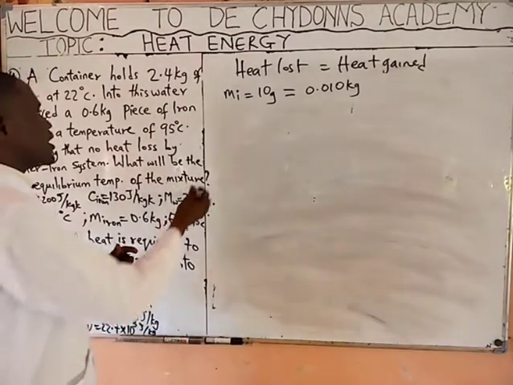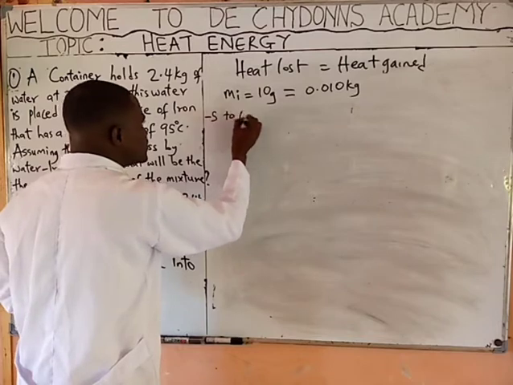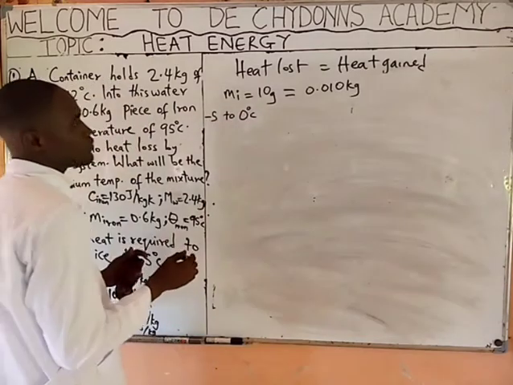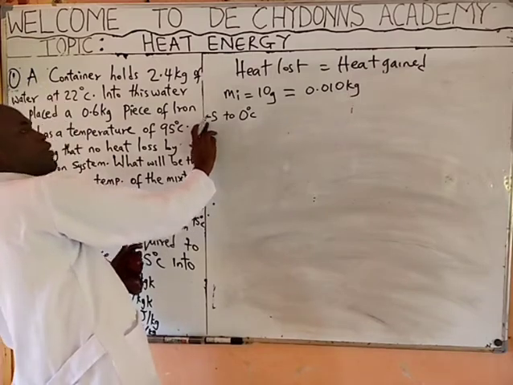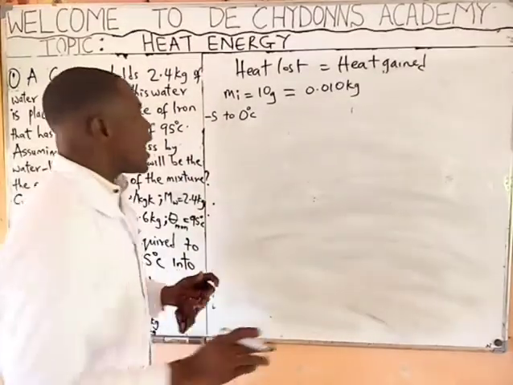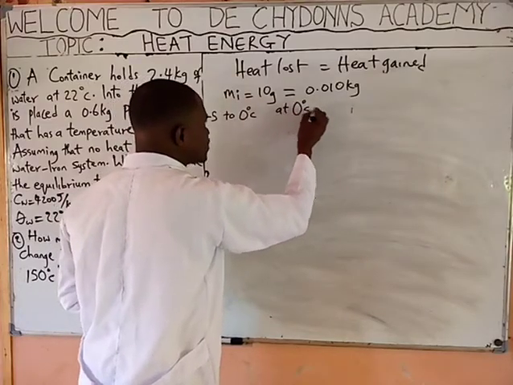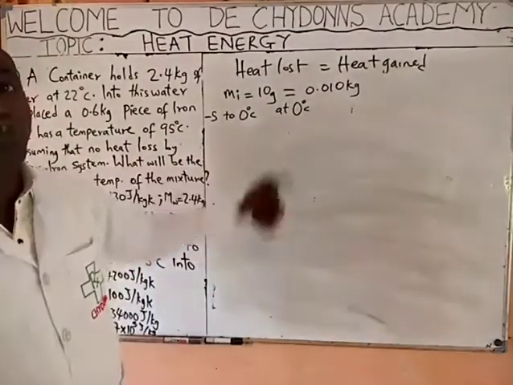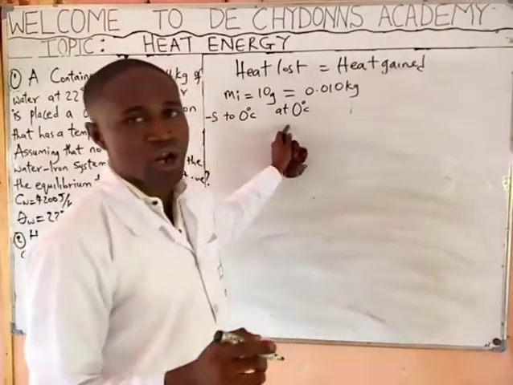What matters now is that the ice will move from -5 to 0 degrees Celsius. You get the heat required for it to move from -5 to 0. Now, you get the heat that is responsible at 0 degrees Celsius, which is the latent heat of fusion, which we said that latent heat of fusion always acts at 0 degrees Celsius.